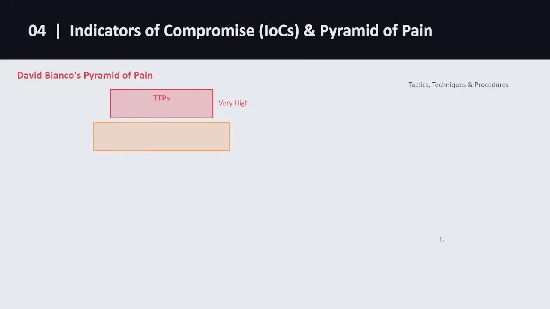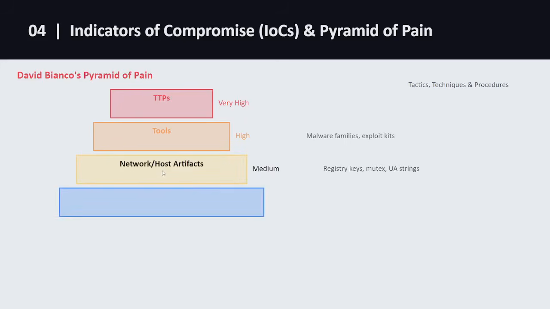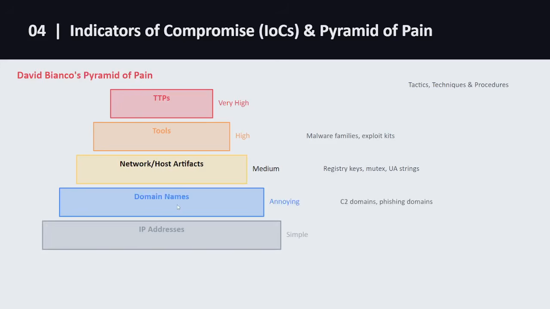So you have TTPs here: tactics, techniques and procedures, then tools, malware family, then exploit kits, and then network and host artifacts: registry key, mutex, strings. Then domain names, you will get annoying domain names.